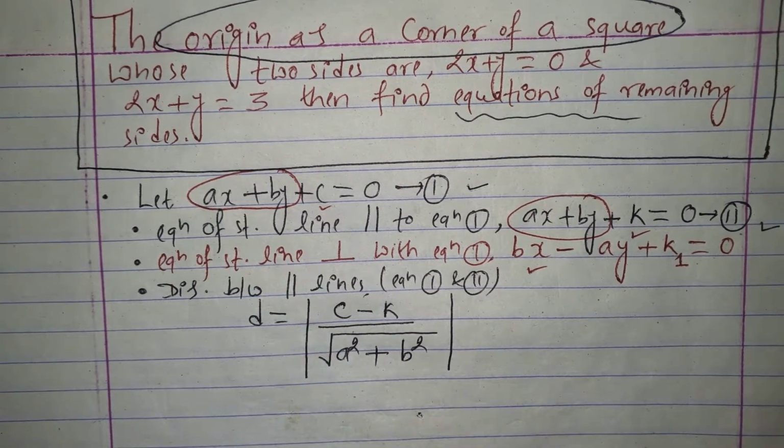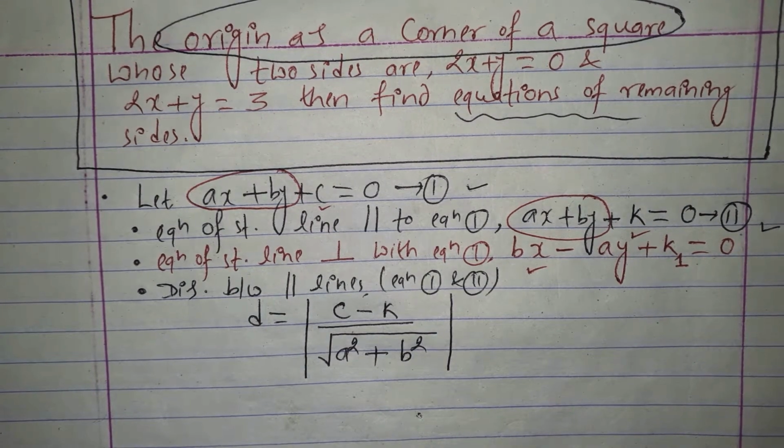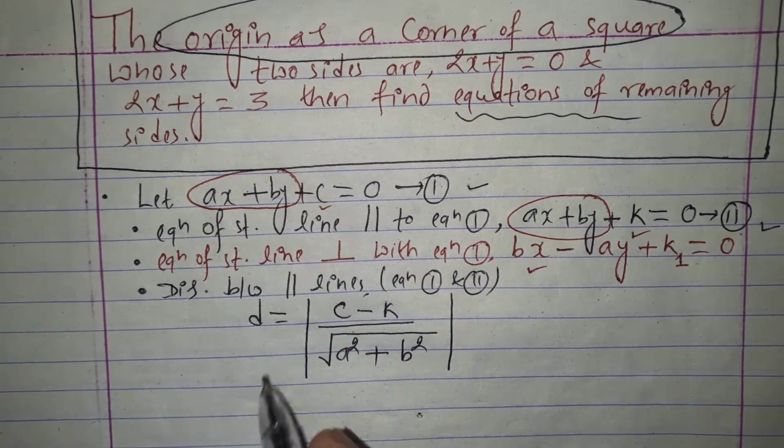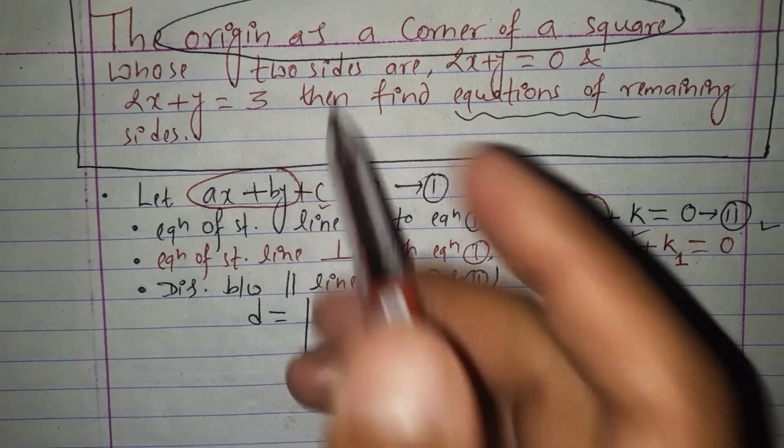We have to take the modulus sign because the distance should always be positive. These three points are very important to remember while solving this type of question.